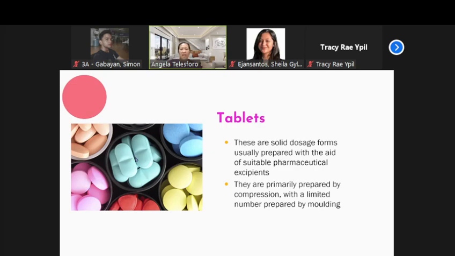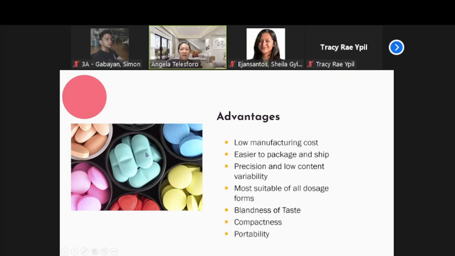What are the advantages of tablet? Low manufacturing cost, because we can make bulk through compression, and in just one day of compressing tablets we can make millions of tablets if we have the machine. Your paracetamol tablet is an example of a sugar-coated tablet. Enervon comes in two, the sugar-coated and the film-coated.